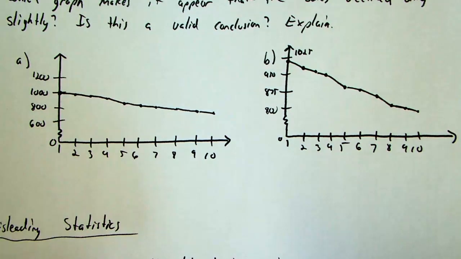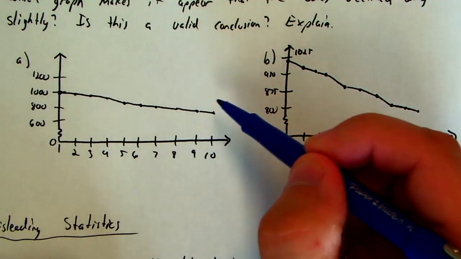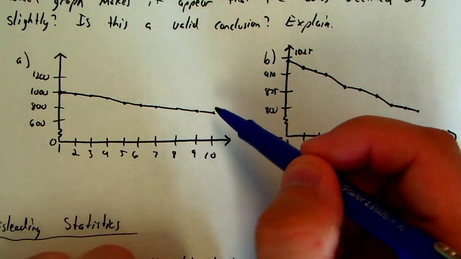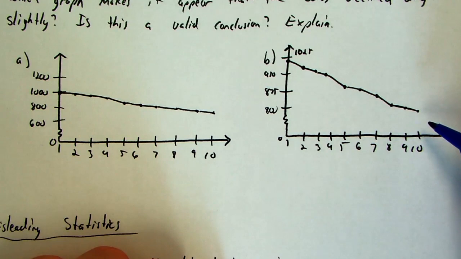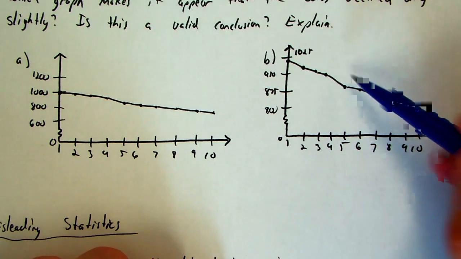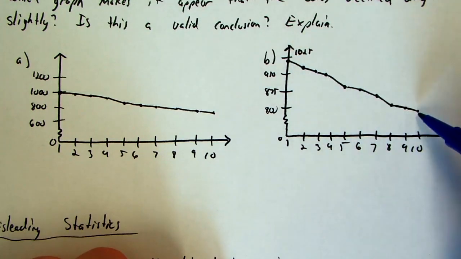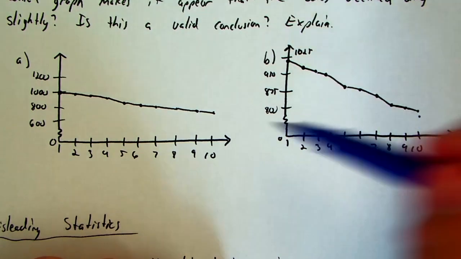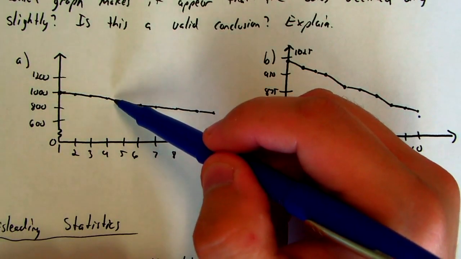First of all, this graph here has a very gradual decline, where this one makes it look significantly worse. A big drop here, a big drop here, and overall, a pretty decent decline. Where this one, even the big drop, looks relatively small.